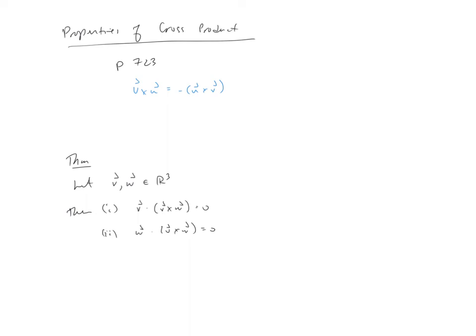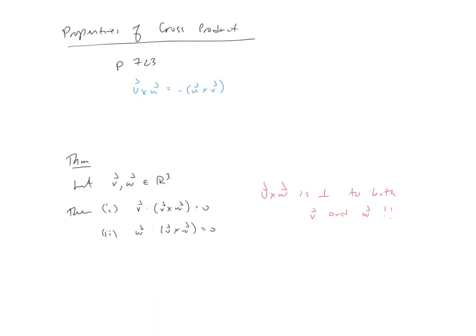So that means if we take this vector, this is a vector itself, and we dot it with V, that same vector, dot it with W, and we get 0, then what that tells us is that V cross W is perpendicular to both V and W. And that's really important. That's the whole driving force of this cross product.